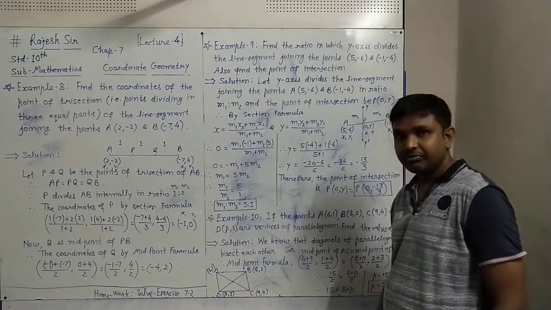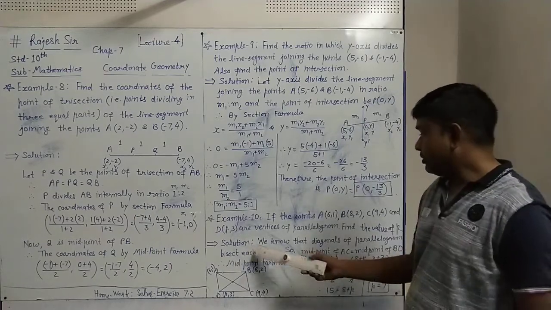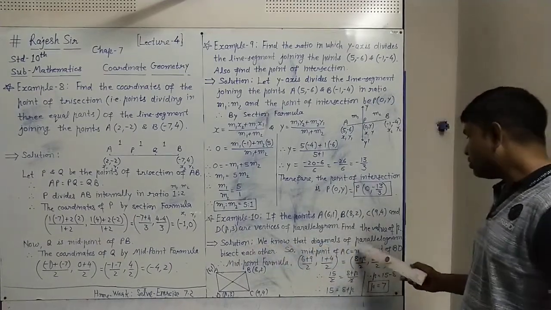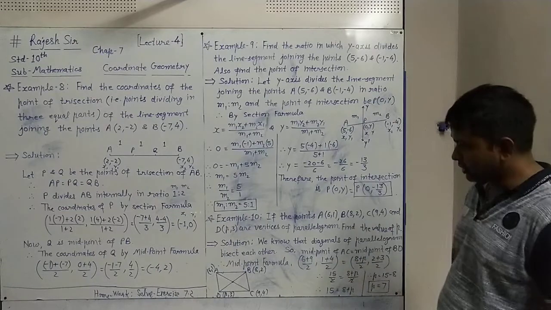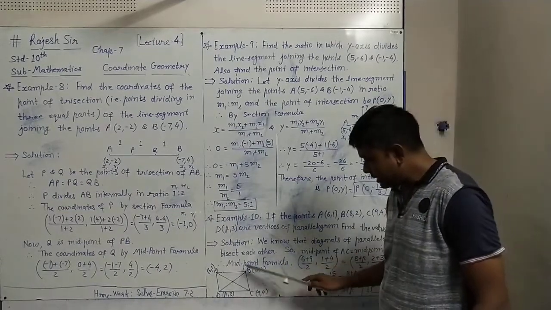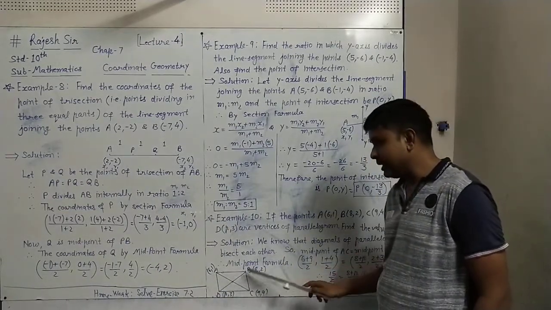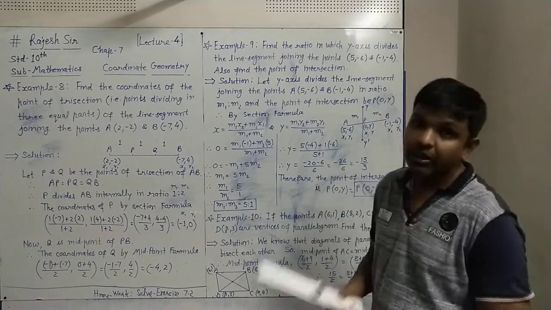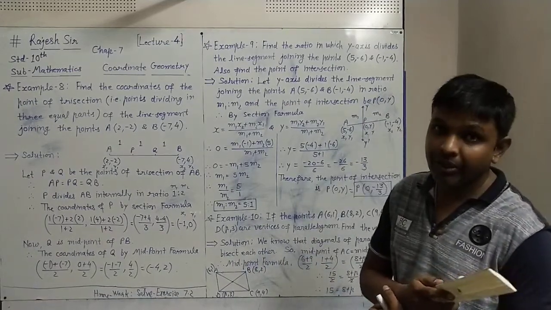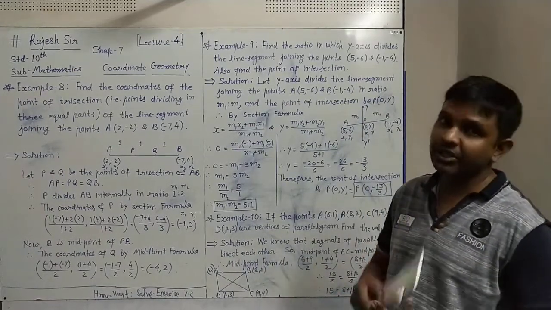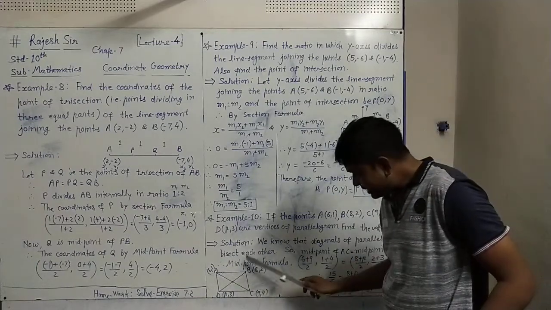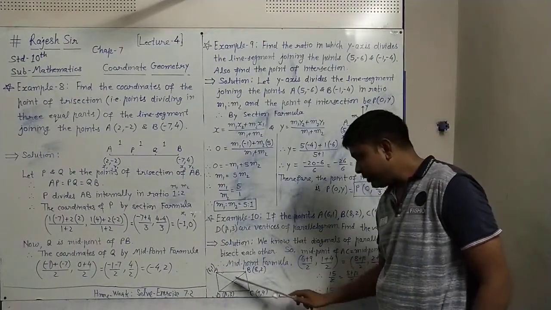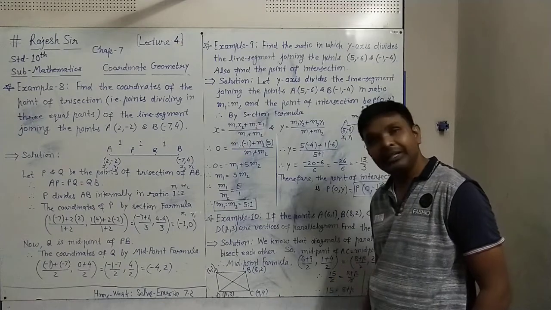The parallelogram is shown. In the solution, we know that the diagonals of a parallelogram bisect each other. Diagonals AC and BD will bisect each other because it is a parallelogram. This is the property of a parallelogram, that the diagonals bisect each other. If the diagonals are bisecting each other, the midpoint of AC equals the midpoint of BD.